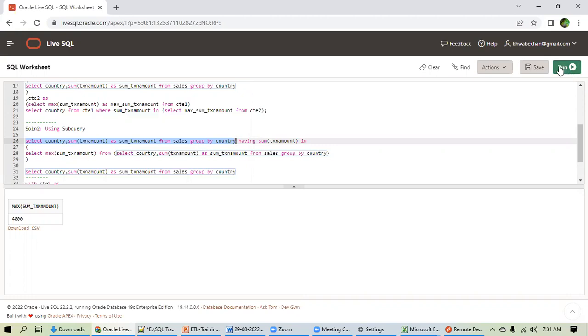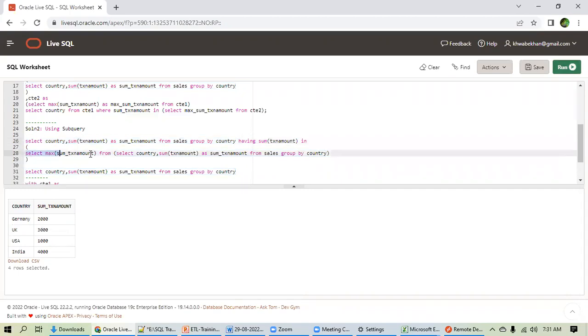If I execute only till here, this will give me the total transaction amount for each country. But which value am I searching for here? 4,000. It means I'm searching for that value out of this, which is coming from this query, because this query is giving me the maximum value.